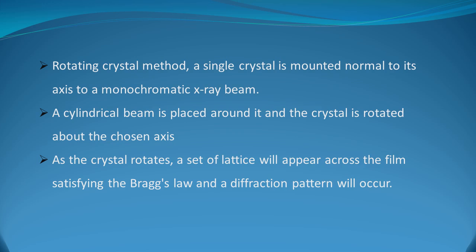We can rotate it by a shaft. As it rotates, a set of layer lines will appear on the photographic film, so we can easily analyze the internal structure. The main aim is to satisfy Bragg's law. Since we are using X-rays, the wavelength satisfies Bragg's law, and this results in the diffraction pattern of that sample.